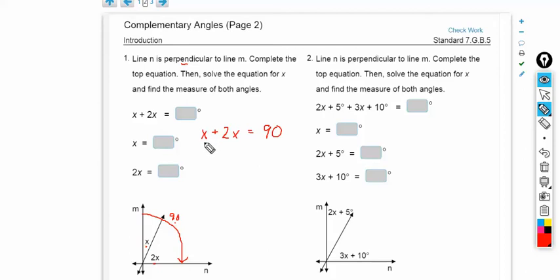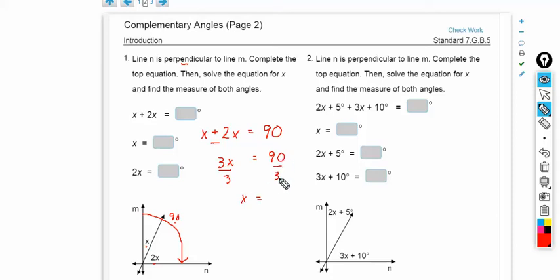Now I'm going to combine like terms. All the x's go together, so that's going to be 3x equals 90 degrees. Then I want to isolate my x, so I divide both sides by 3. This cancels out, leaving me x.